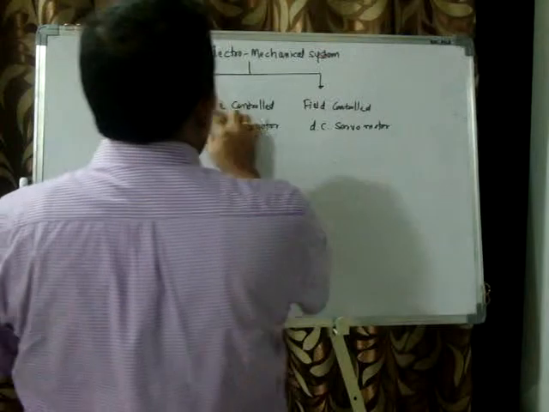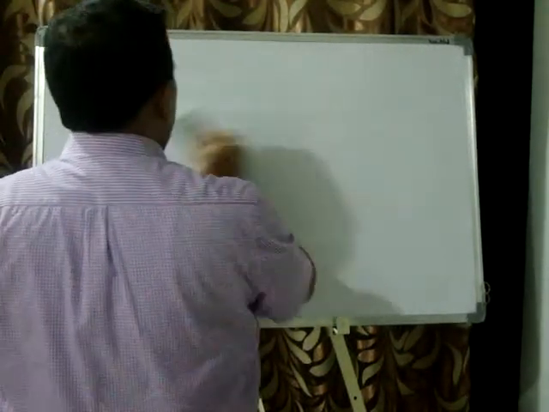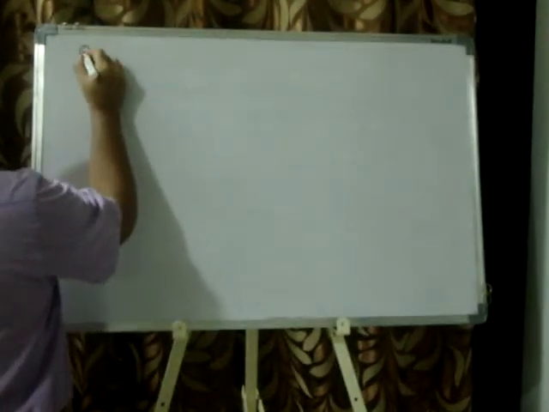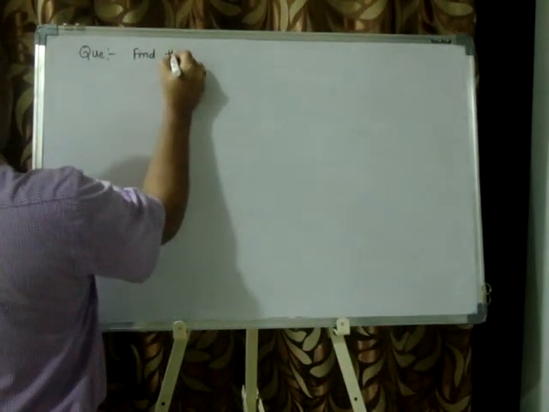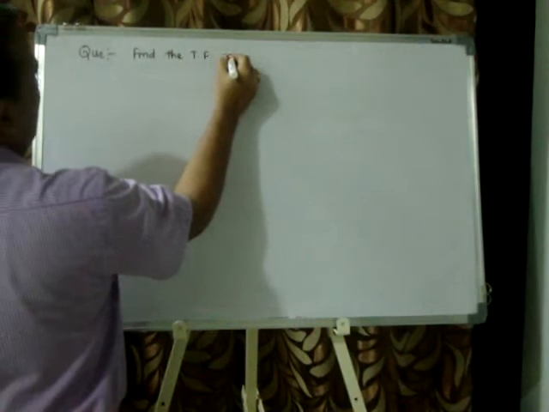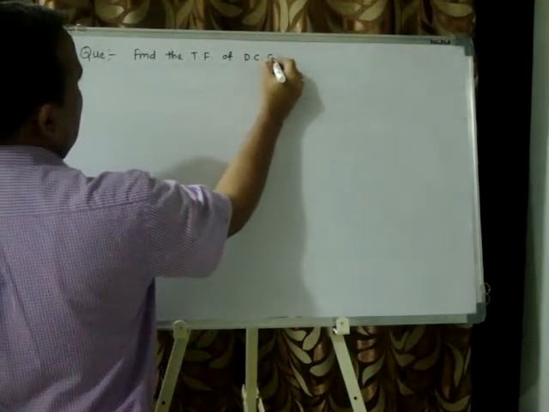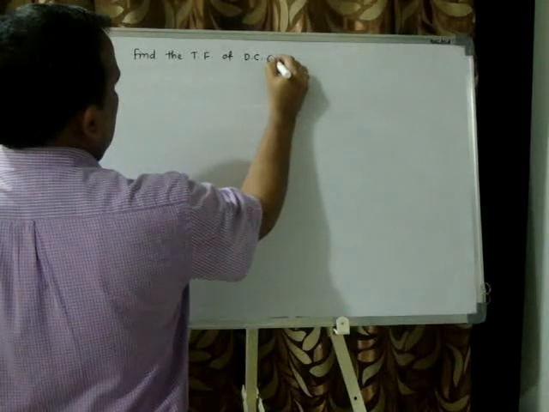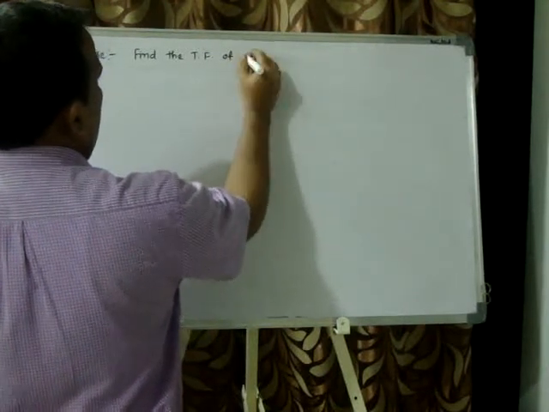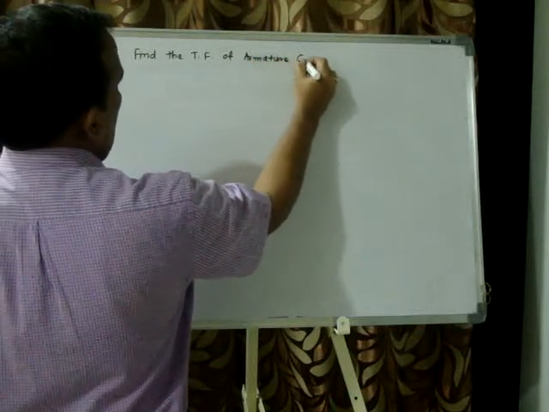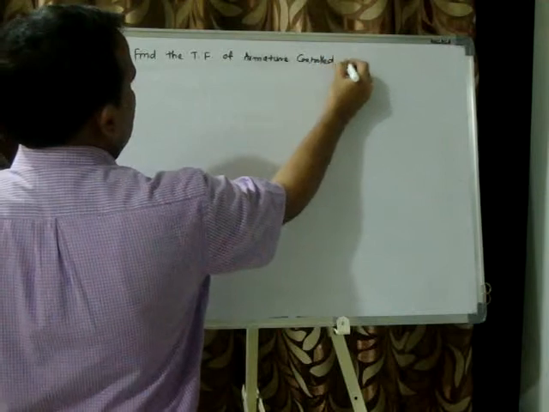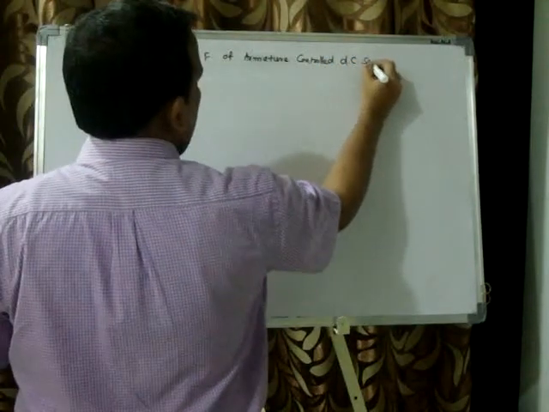Let us see. We find the transfer function of the first, called armature controlled DC servo motor. The question is like this: find the transfer function of the armature controlled DC servo motor.